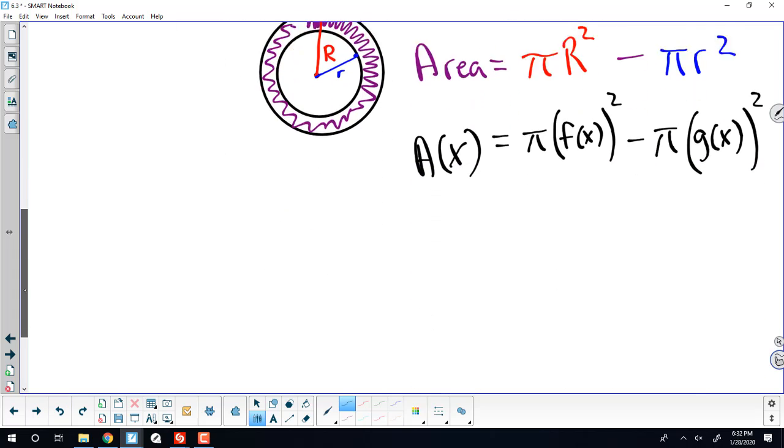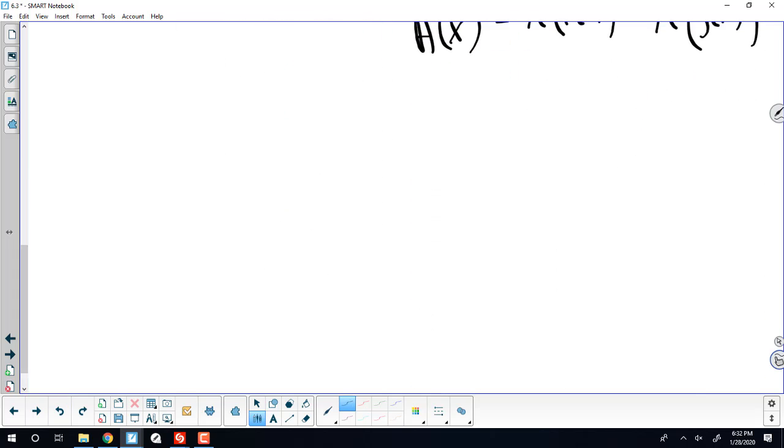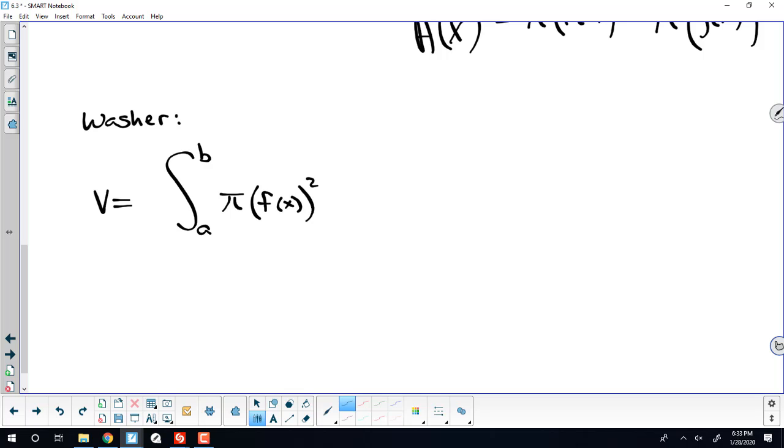I guess that's not expressed in your textbook, so we'll just write it down. Volume is the integral from a to b of pi times f of x squared minus pi times g of x squared dx.